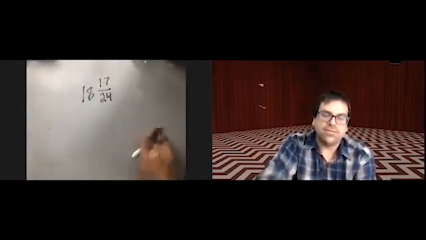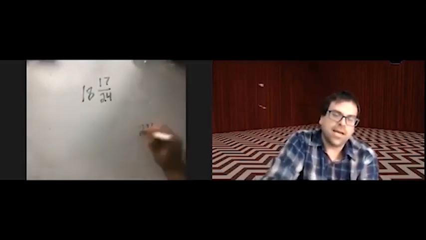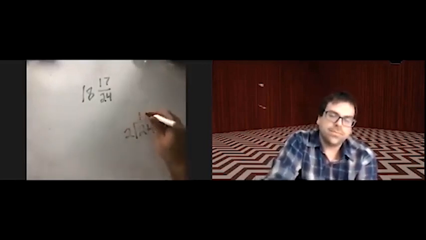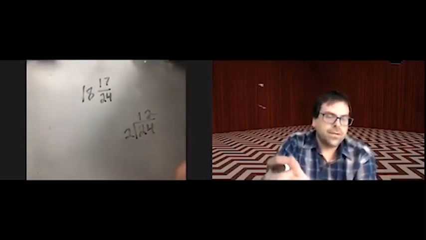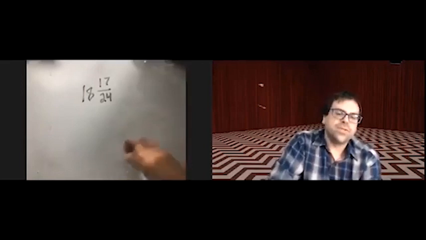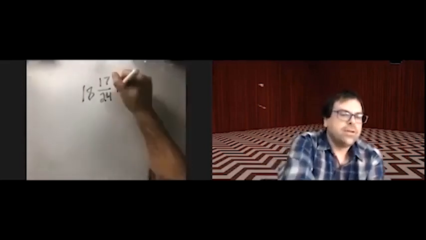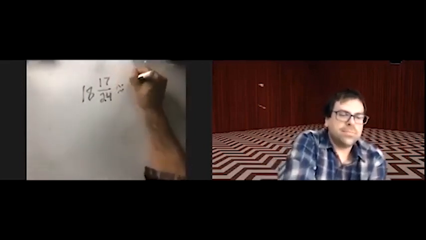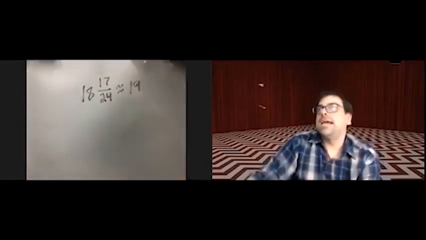For now, we're just going to find the halfway point by dividing by 2. 17/24 is greater than 12/24, so it's greater than a half. It rounds up to 19.